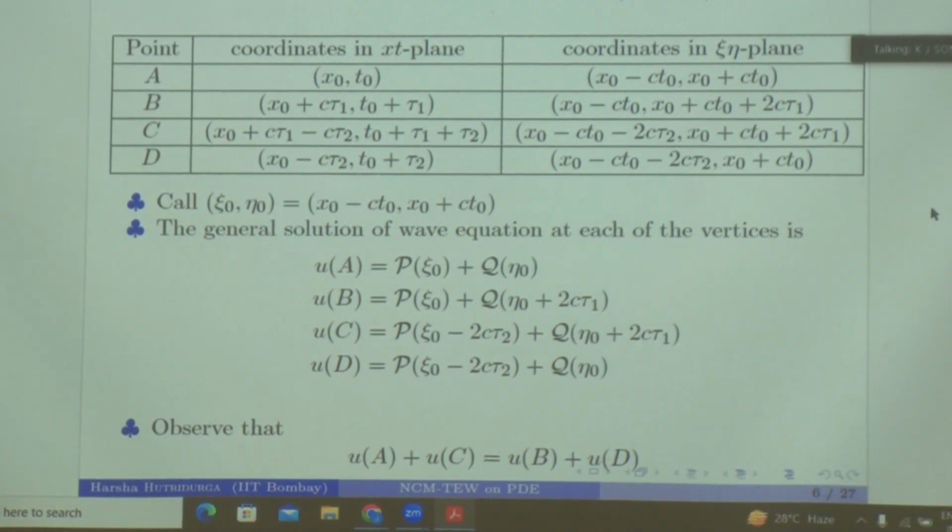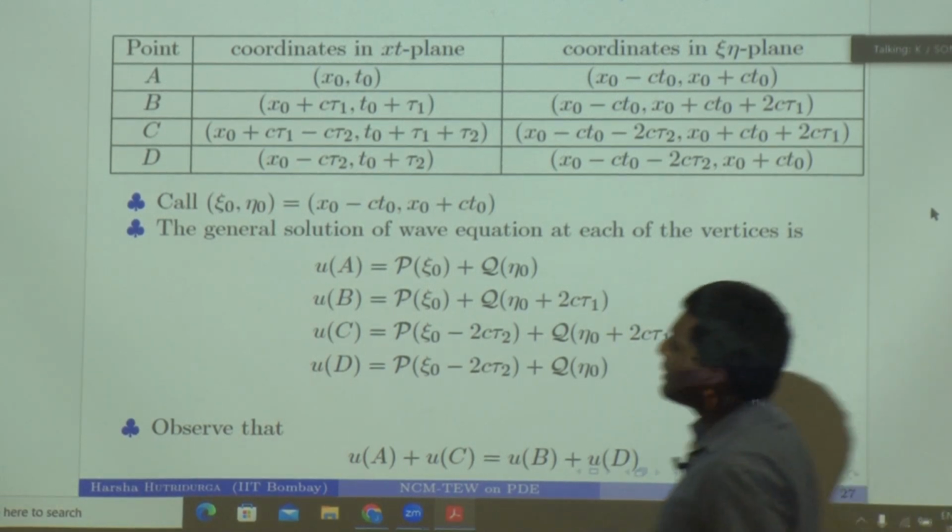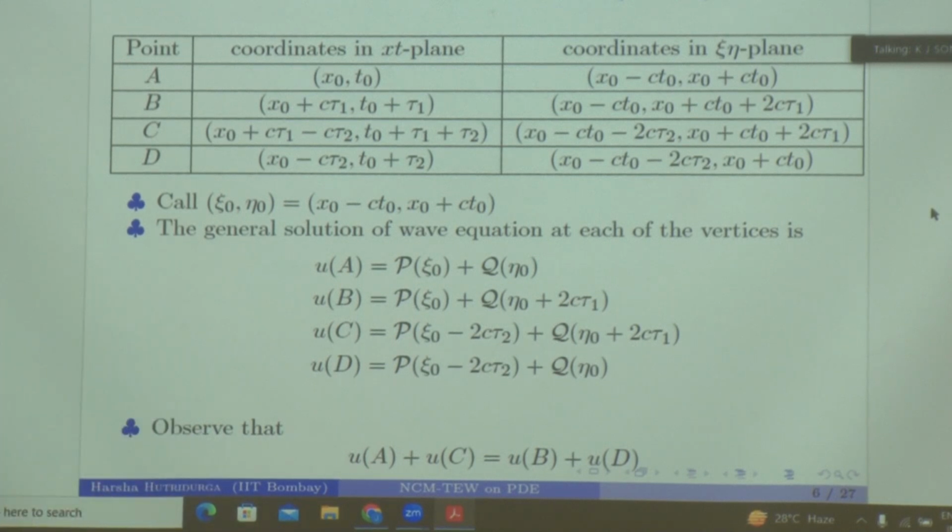So where were these A, B, C and D? They were sitting here, right? They are the vertices of your characteristic parallelogram. So this little exercise of moving to the psi eta coordinates and writing down the general solution to the wave equation is essentially telling you that in the xt plane, somebody comes along and tells you that you have got a solution to the wave equation here, and you know the constant c in your wave equation.